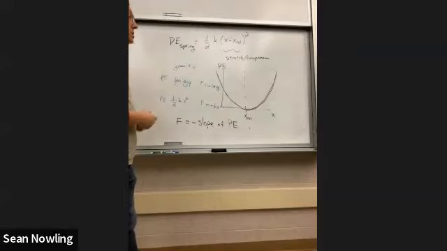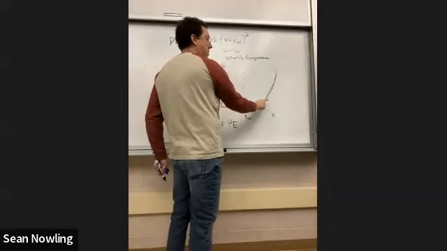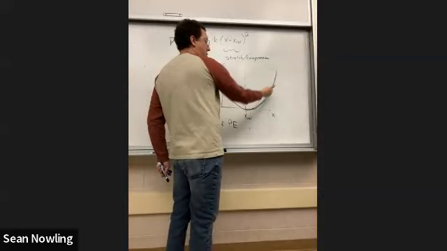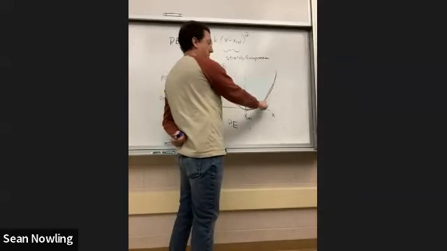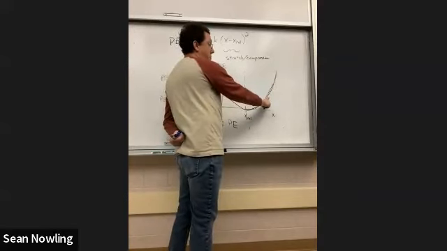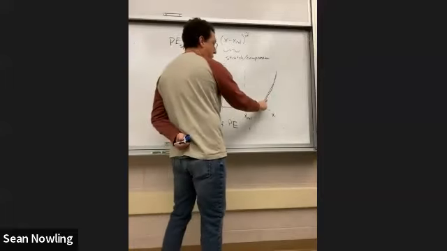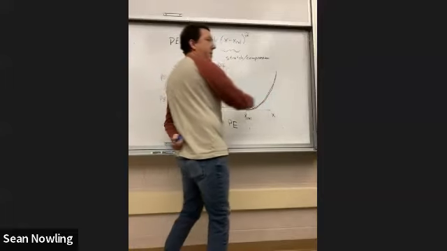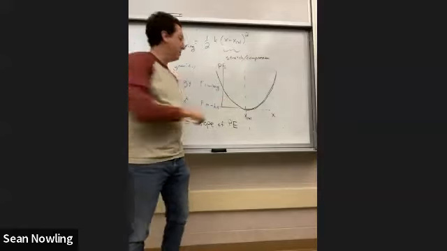Okay. For a spring, what about if I'm over here? Tell me about the slope when I'm over here. Is it positive or negative? Right. The slope over here is positive, but the force is minus the slope. So if the slope is positive, the force will be negative. And so the force pulls you back to the middle.